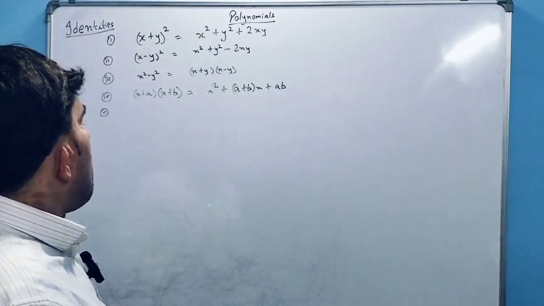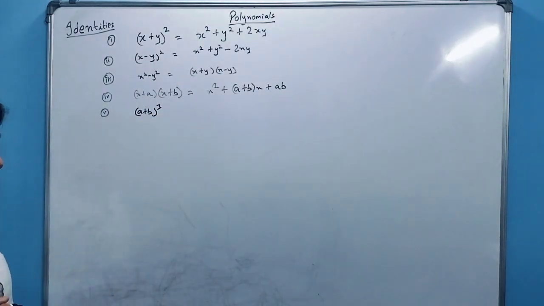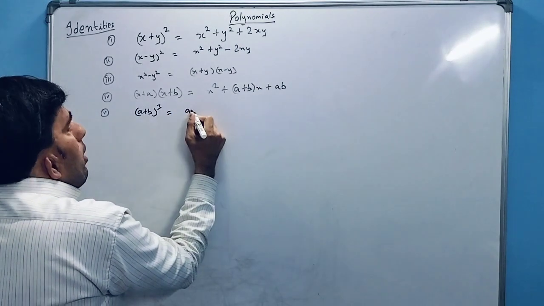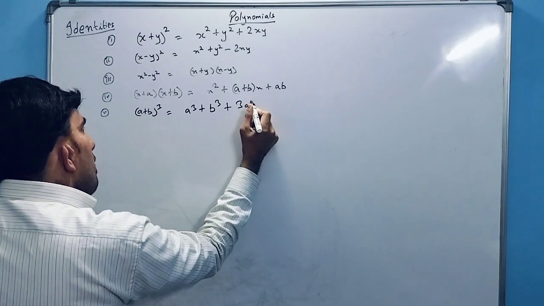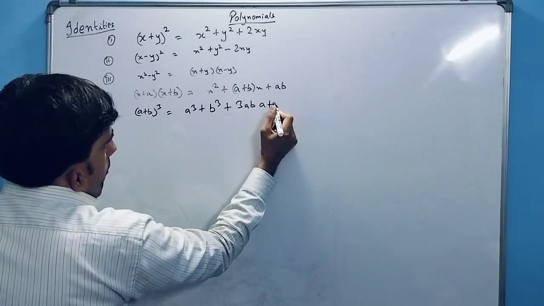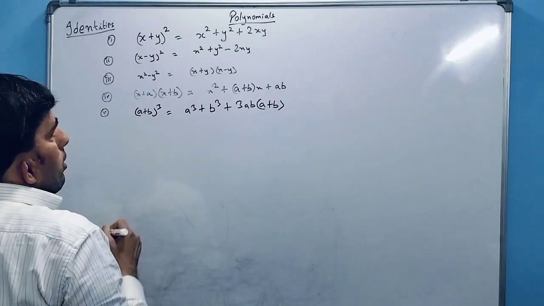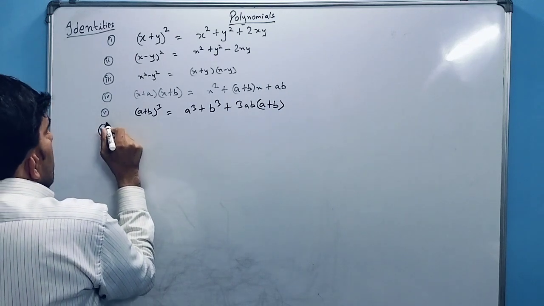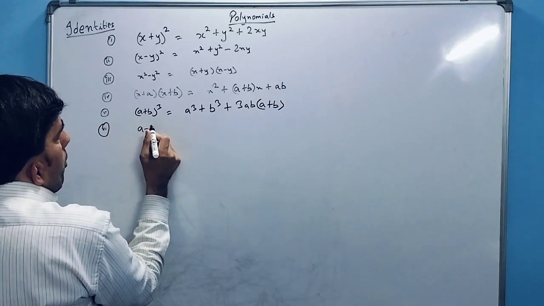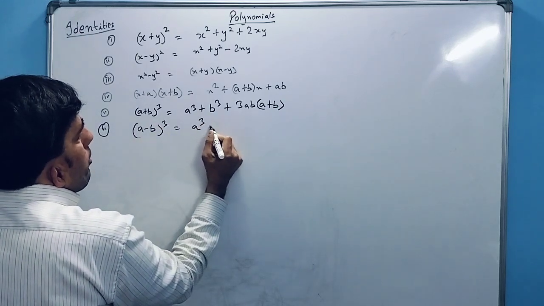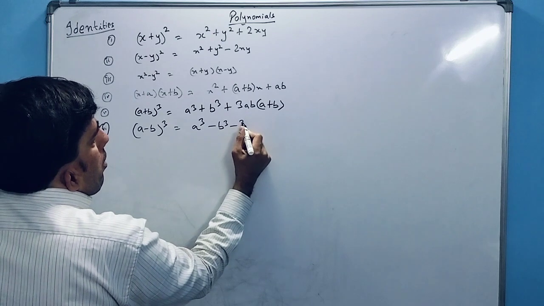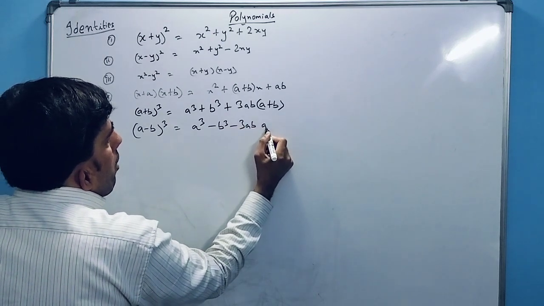The fifth identity is (a plus b) whole cube, which is a cube plus b cube plus 3ab(a plus b). Similarly, (a minus b) whole cube is a cube minus b cube minus 3ab(a minus b).